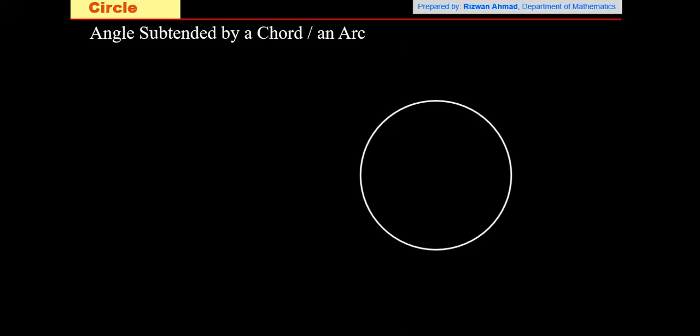Now, two important pieces of information about the circle: the angle subtended by a chord or by an arc. So this is a circle, and let's say this is the chord AB, or if we see the red part of the circle, which is arc AB.